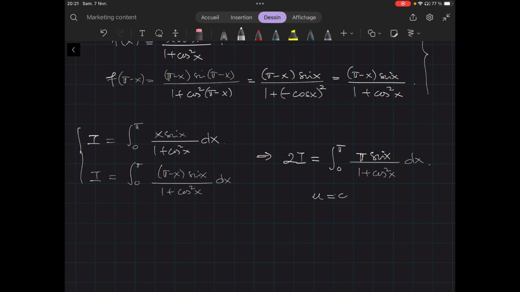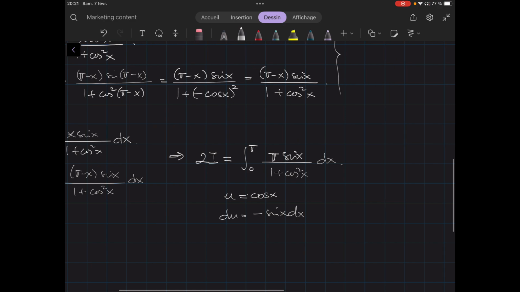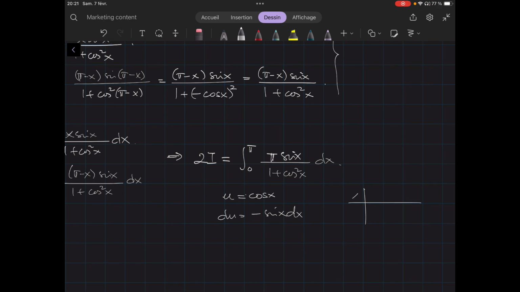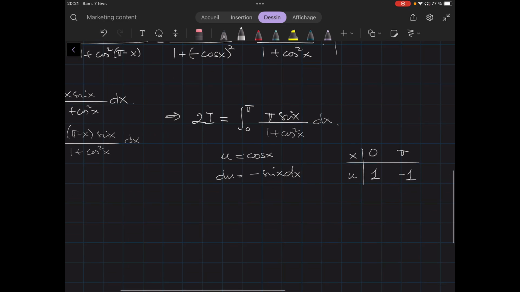Let u equal cos of x. Du is therefore negative sine x dx. The bounds for x are 0 to pi, so the bounds for u will be cos of 0 and cos of pi.